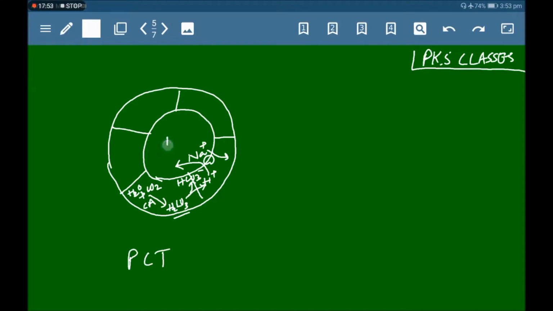So now we have to increase the concentration of sodium here, so we have to inhibit the sodium reabsorption. If sodium reabsorption has to be inhibited, we have to inhibit the generation of H plus.